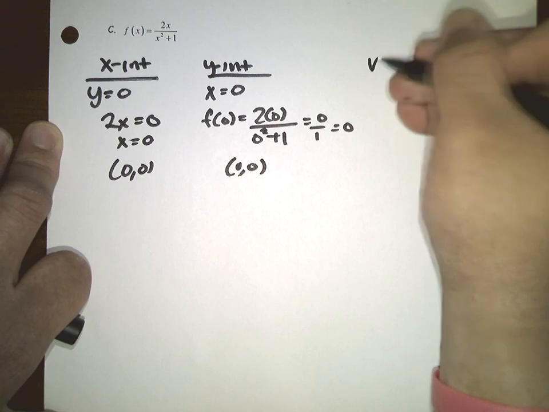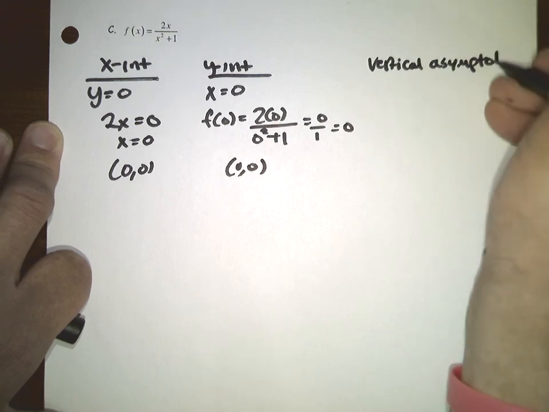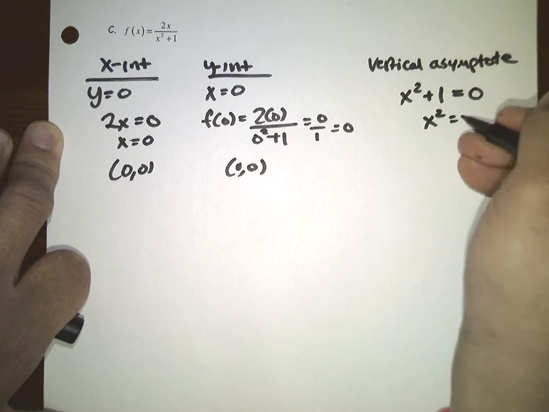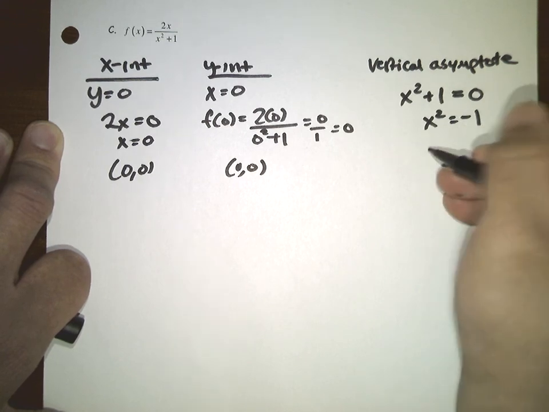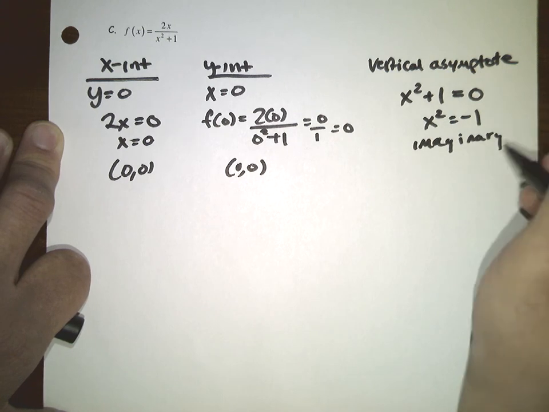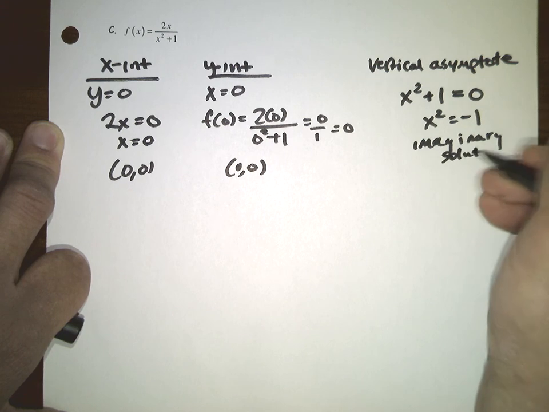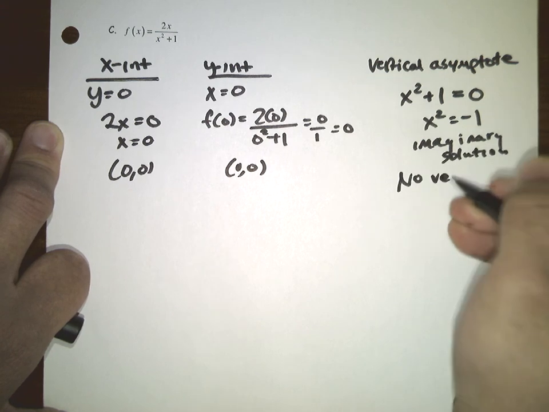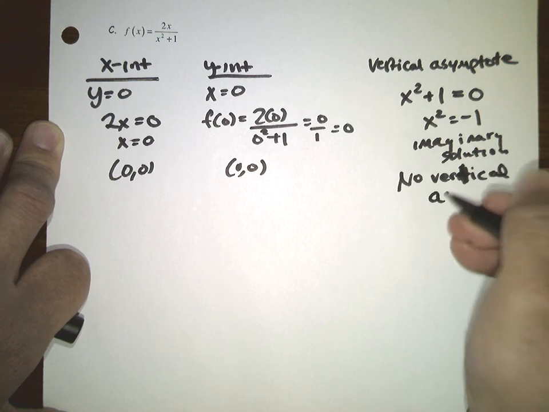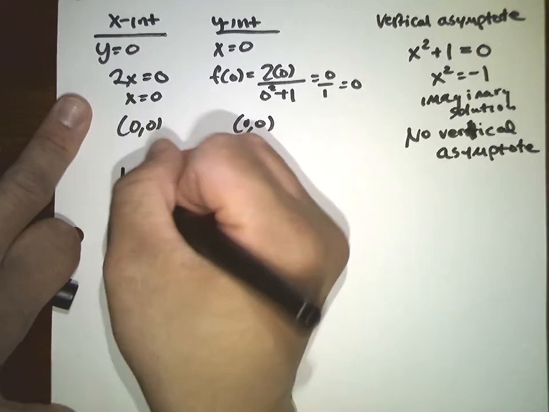And then I need the vertical asymptote. If I look at this, I know the denominator, x squared plus 1, if I set that equal to 0, I get x squared is equal to negative 1, but that is an imaginary solution. So that means there is no vertical asymptote at all for this function. And then I can find the horizontal asymptote.